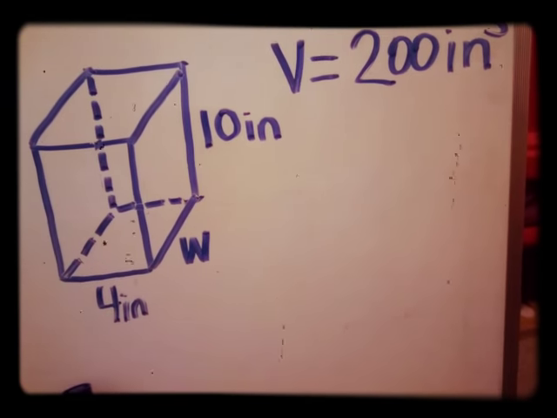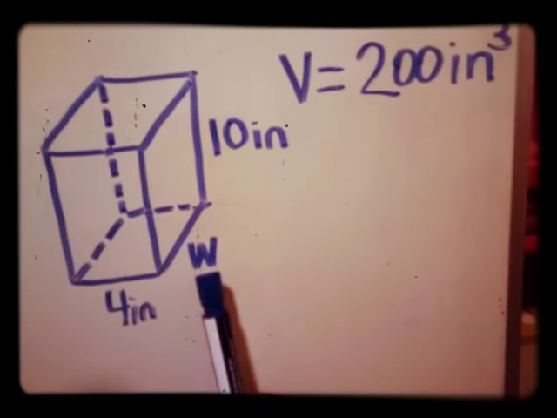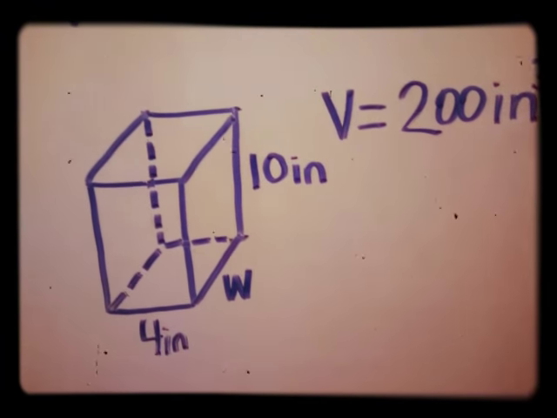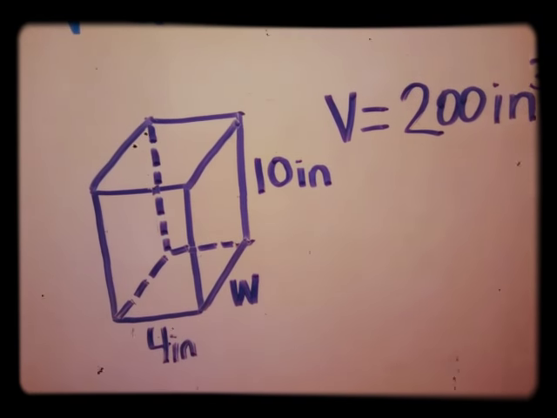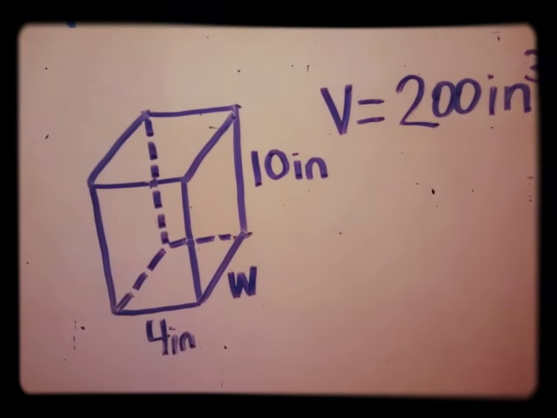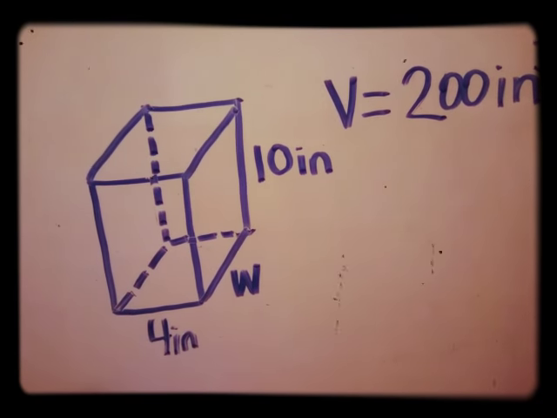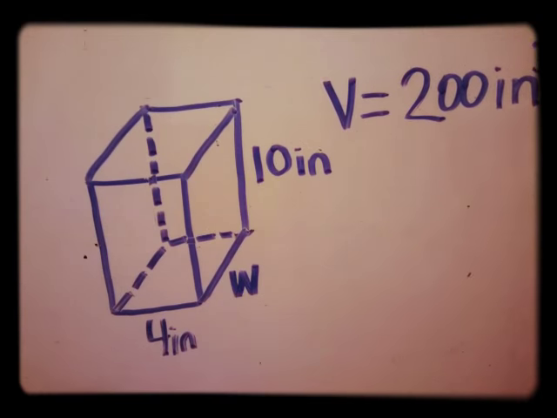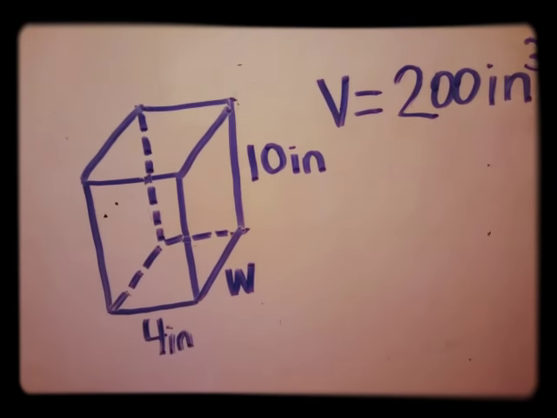We have the length, we have the height, we don't have the width. So we're going to calculate the width by inputting the dimensions we're given into the original formula, with the volume already being replaced with 200, and we're going to follow the procedure of solving an equation by isolating the variable.